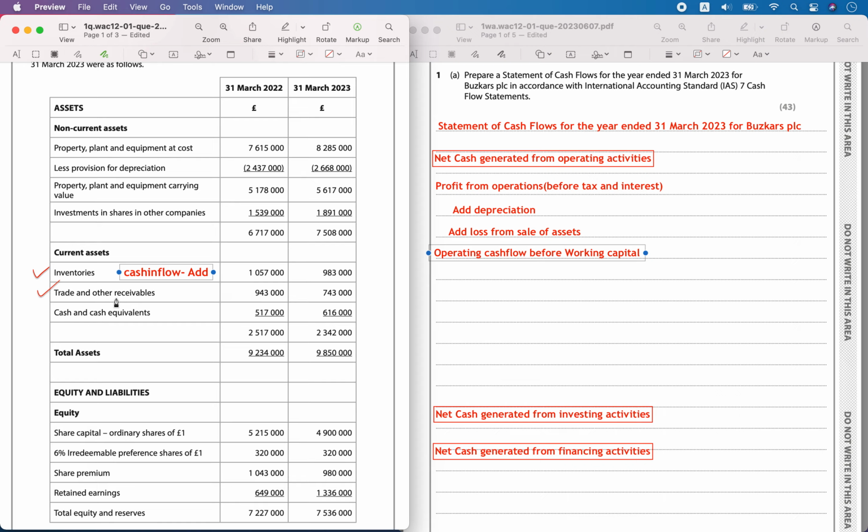Here let's see the trade receivables. Trade receivables have also reduced, which means some customers must have paid back, so you will have to add back. Calculate what the change was.